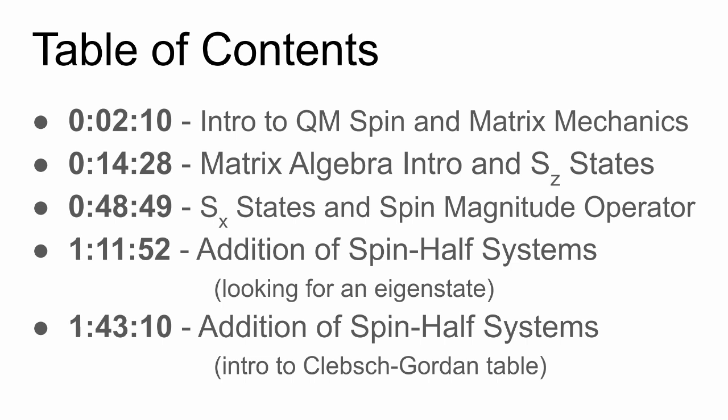We look at the spin states aligned along the x-axis, represented in the basis of the z-axis spin state. We look at the angular momentum magnitude operator, and we look at the mathematical details of adding two spin 1/2 systems, capped off with a look at the Clebsch-Gordan coefficients table.